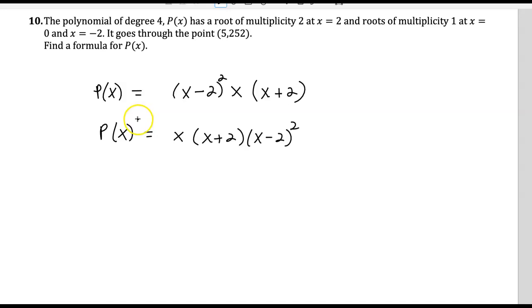Okay. And we are also given another bit of information. We know it goes through this point. So in other words, when x is 5, the polynomial at 5 is going to be equal to 252, right? So that means there may be some constant term added here. So maybe we're translating this somewhere. So let's say plus some constant term c.